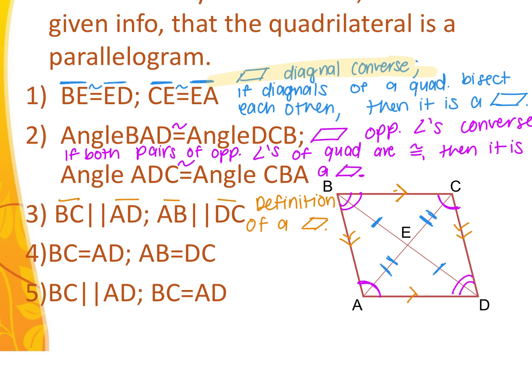All right, now we have BC is congruent to AD. Okay, so drawing my congruency marks. And AB is congruent to CD or DC. What is that?